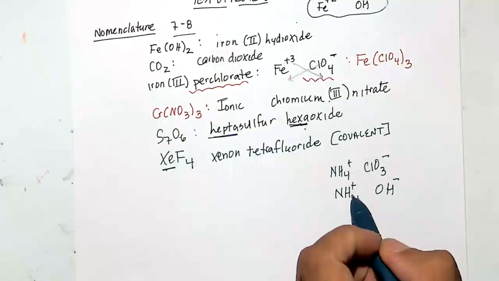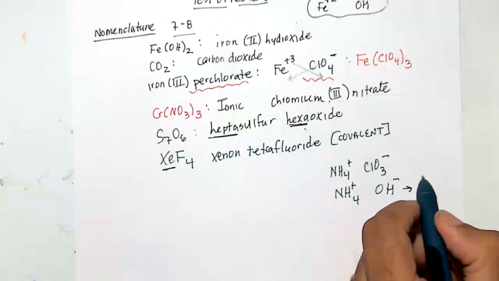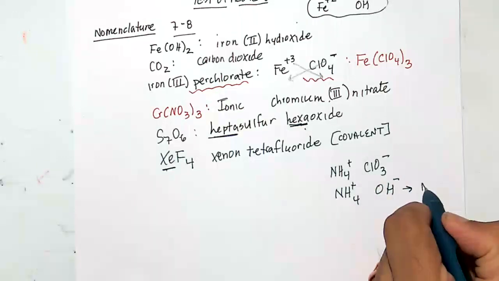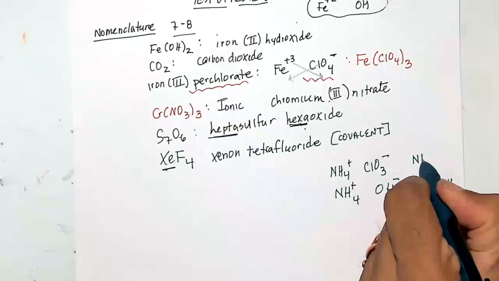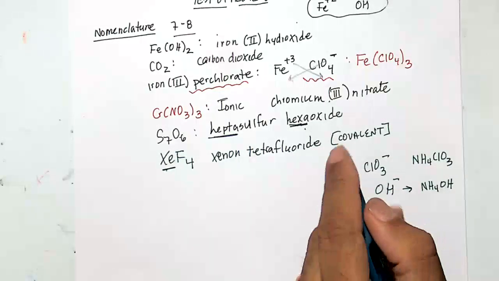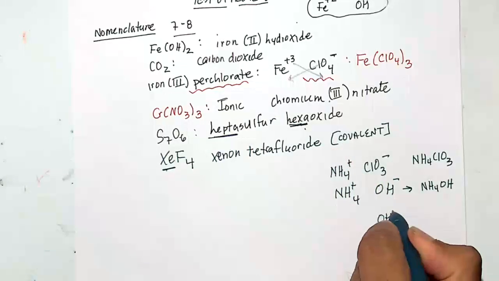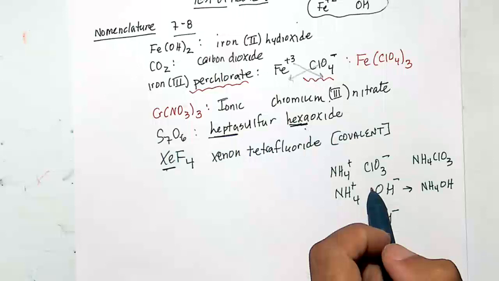Okay, these are all non-metals, but are they ionic or covalent? Because anytime you see pluses with minuses, yeah, NH4OH, this is ammonium hydroxide, this is ammonium chlorate. So just remember some of these polyatomic ions, hydroxide, anything that has that charge can be ionic.